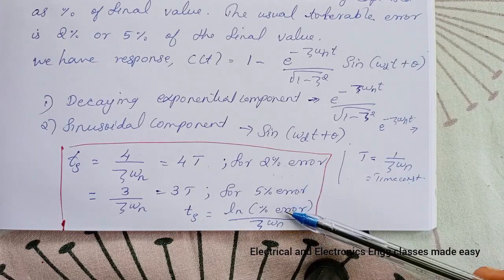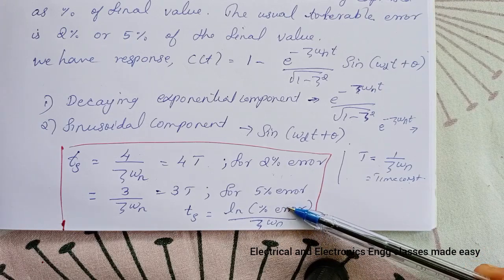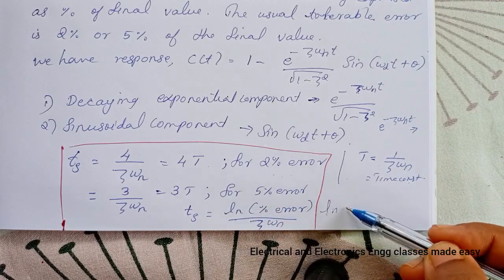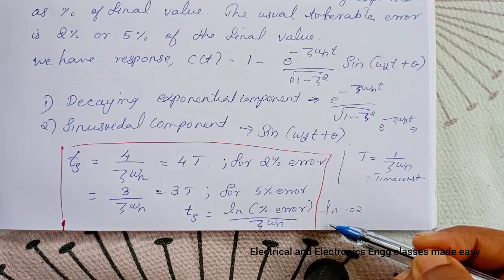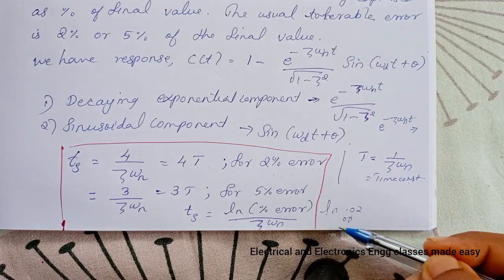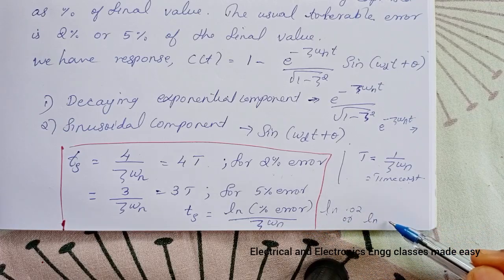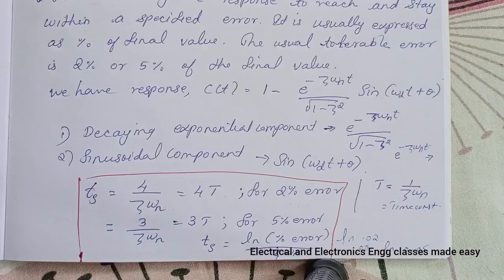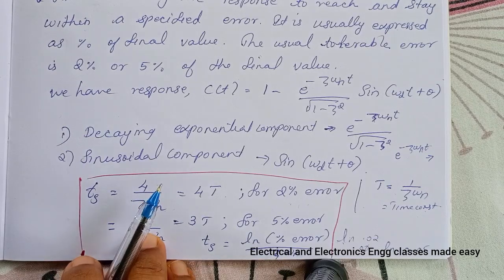So for 2% error, we write Ln of 0.02, or in case of 5% error, Ln of 0.05. So this is about the time domain specifications and their expressions.